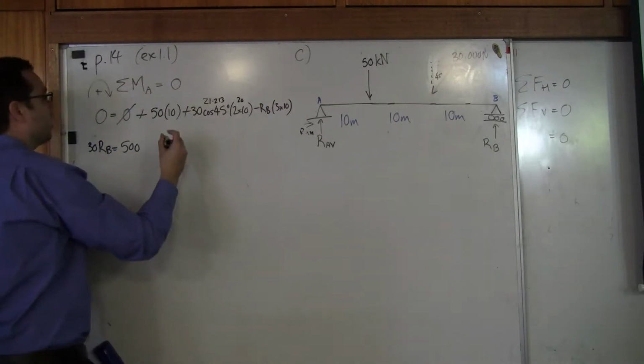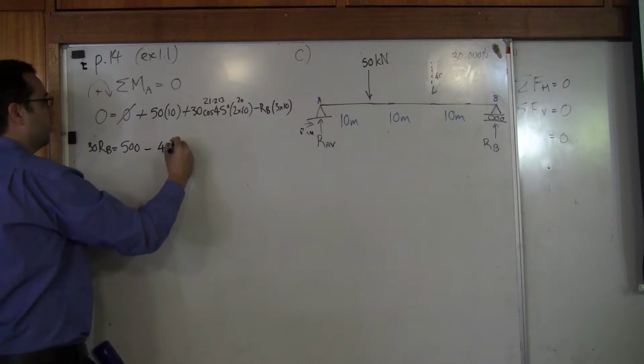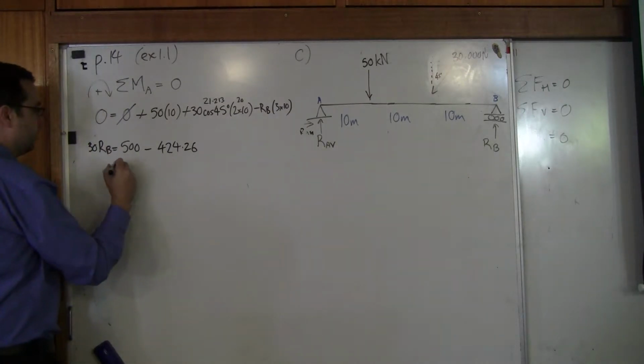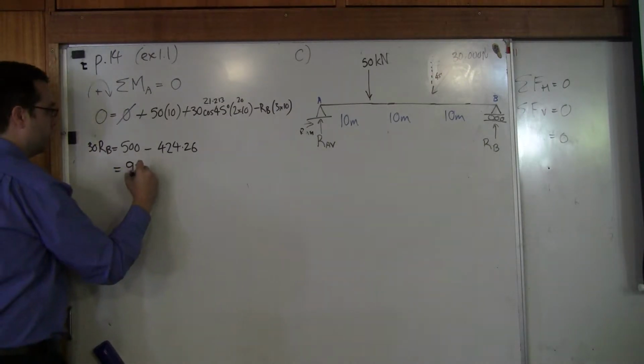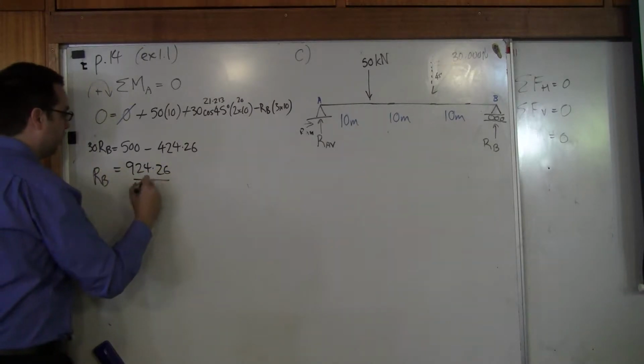So that's going to be 424.26. If we add that together, we're going to get equals 924.26. RB equals that number divided by 30.